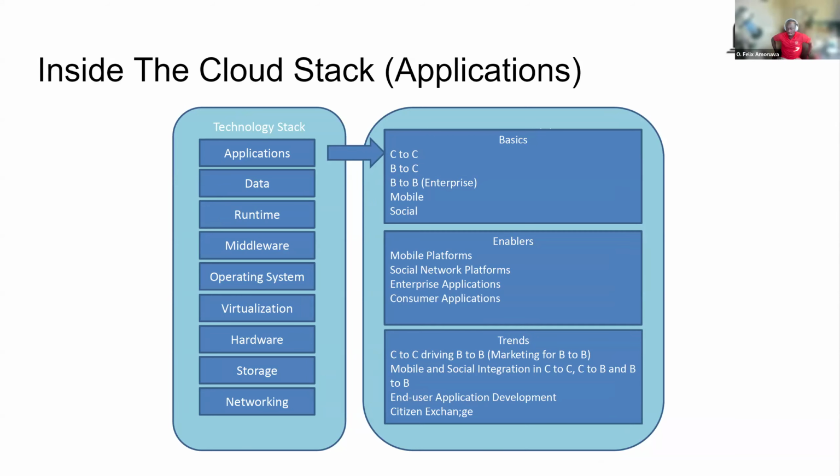But if we walk down the technology stack here, starting with the application layer, here's where you have the interactions between customer to customer, business to customer, business to business examples. You have mobile and social apps, all running in the cloud. So you can think of these examples. Some of you probably used DoorDash sometime in the past month or so.